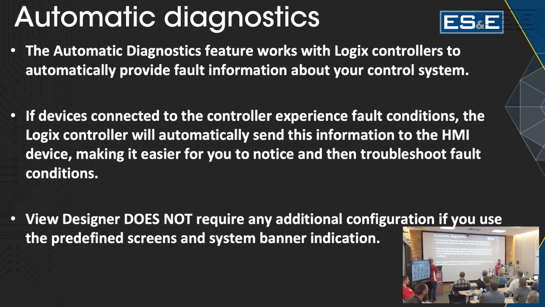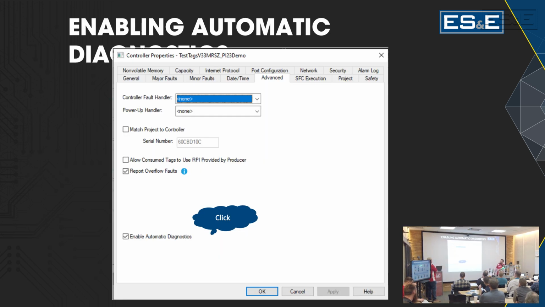Yeah, predefined. We just wanted to make sure we covered that: no additional programming. It's all been done for you, which is really convenient. You'll pull up the controller properties, go to the Advanced tab, and right down there you'll see Enable Automatic Diagnostics.